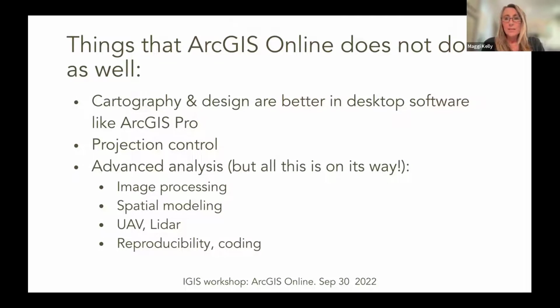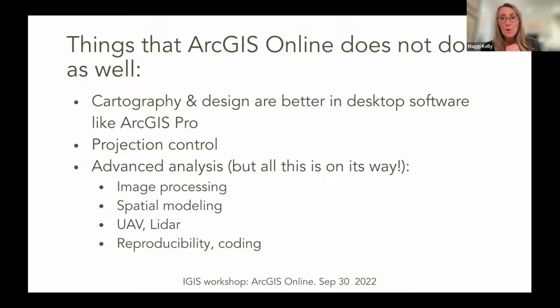This is sort of a GIS technical thing, but there's less projection control, and projections are just the way in which the 3D surface of the Earth is made into two dimensions, 2D, X and Y. And so there's more projection control on the desktop application, but that's sort of a minor case.